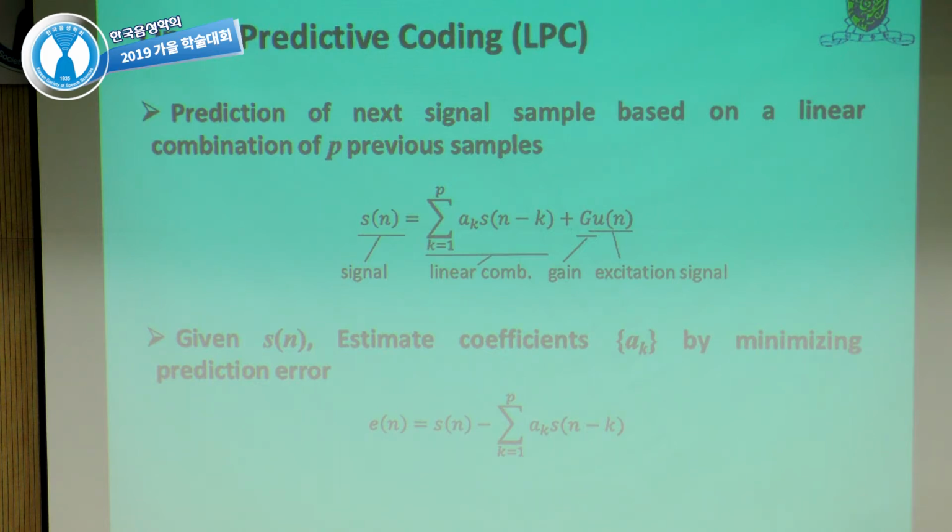One of the simple methods is the linear predictive code. So in this part, it's trying to predict the current signal based on several previous samples in such an equation.